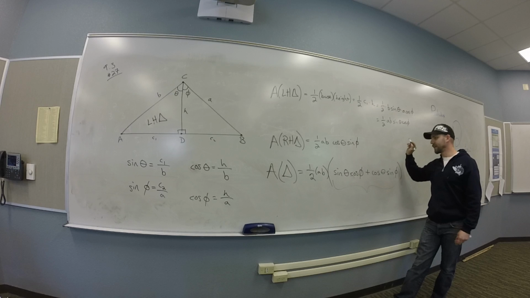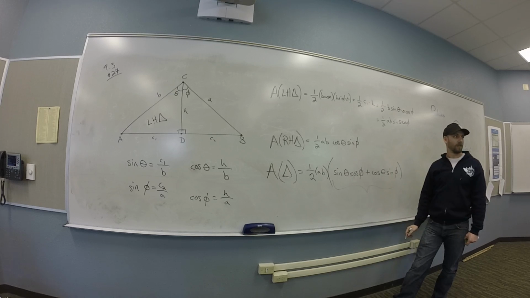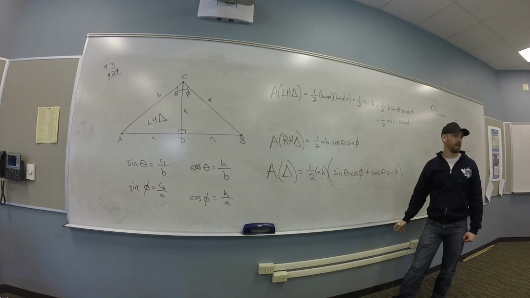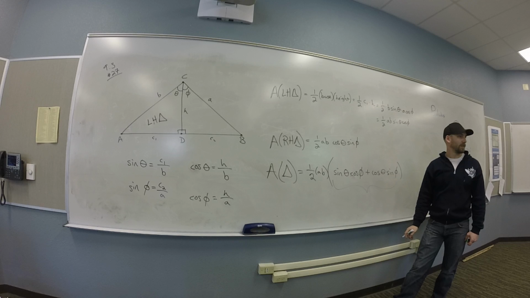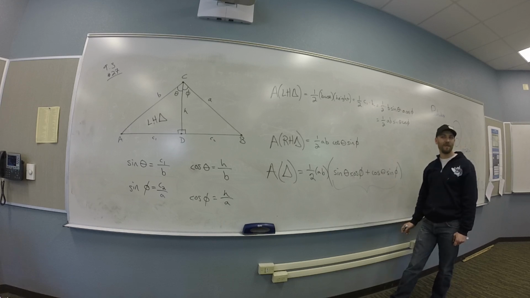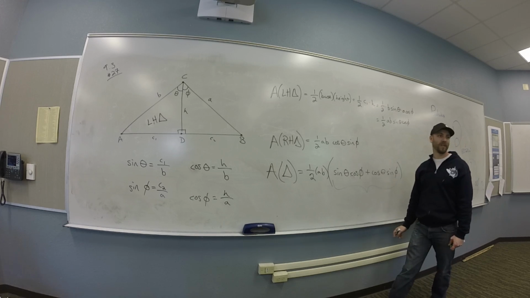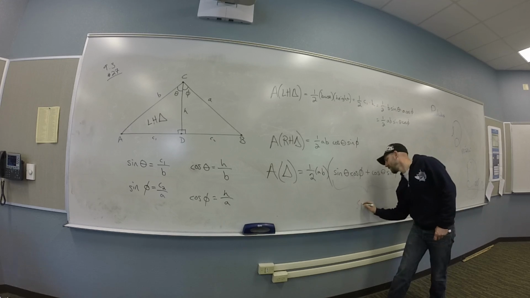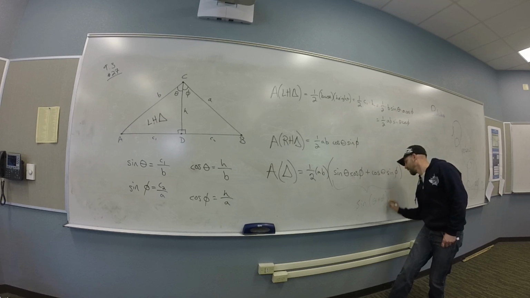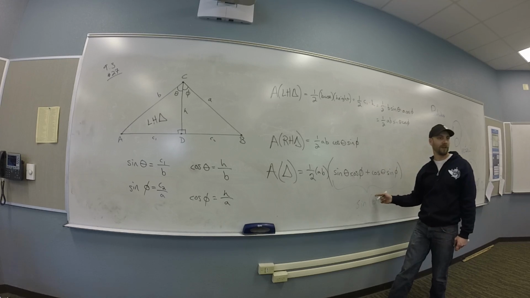And then that thing there is the sum identity for sine. And what do theta and phi add up to in that triangle? 60 degrees? No. Nice try, dude. They add up to the angle at point C, right? So those guys there should be sine of theta plus phi, just by the sum of angles identity.